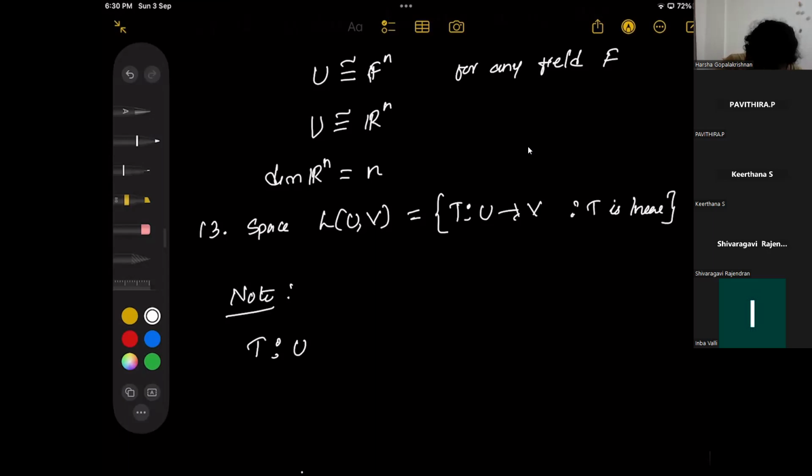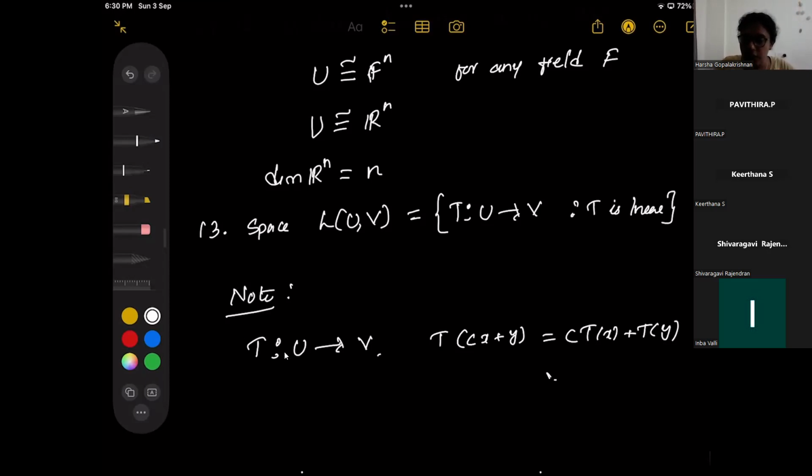T from U to V such that T(cx + y) = cT(x) + T(y) for all x, y in U and c in the field F. Okay. So linear transformation means it should be a map from U to V and it should satisfy this condition.